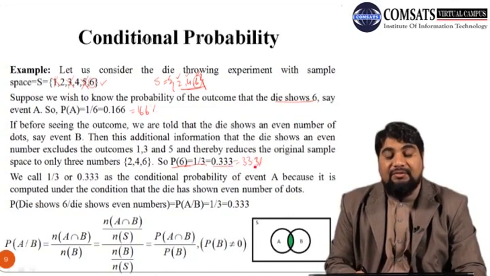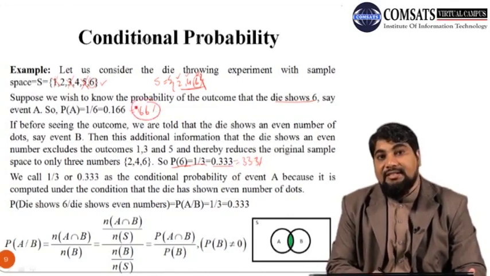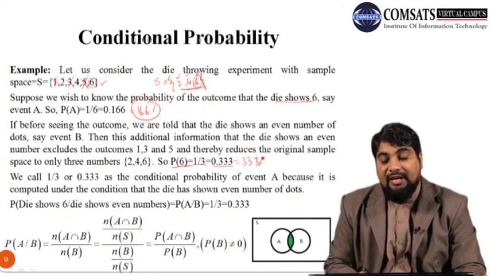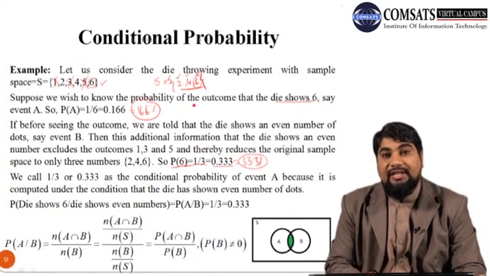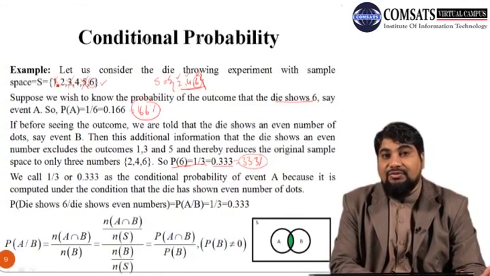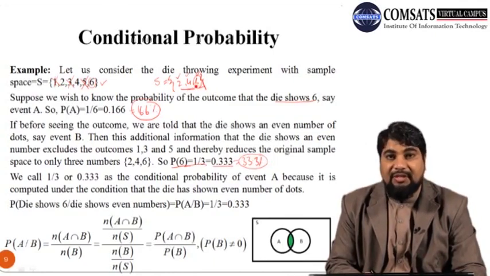33.3%. Now you can see that previously the probability of getting a 6 was 16.6%, but since we have the additional information that when a die is rolled we get an even number, our sample space is reduced by discarding the numbers 1, 3 and 5. This reduced sample space is created with the help of additional information.